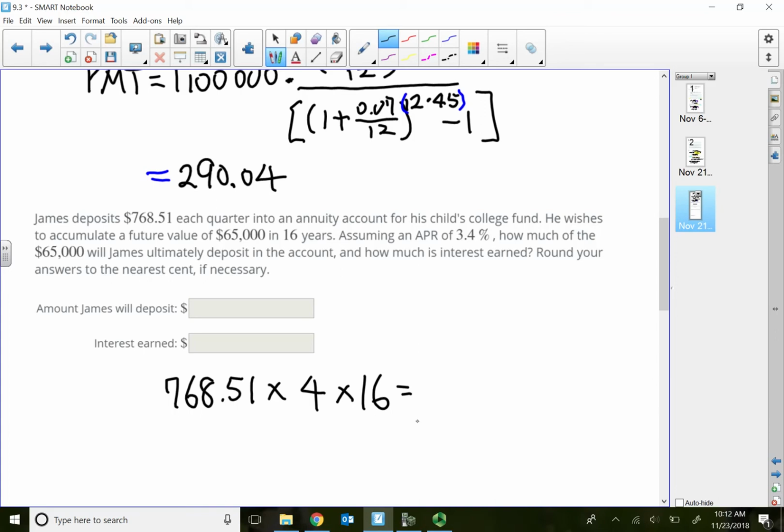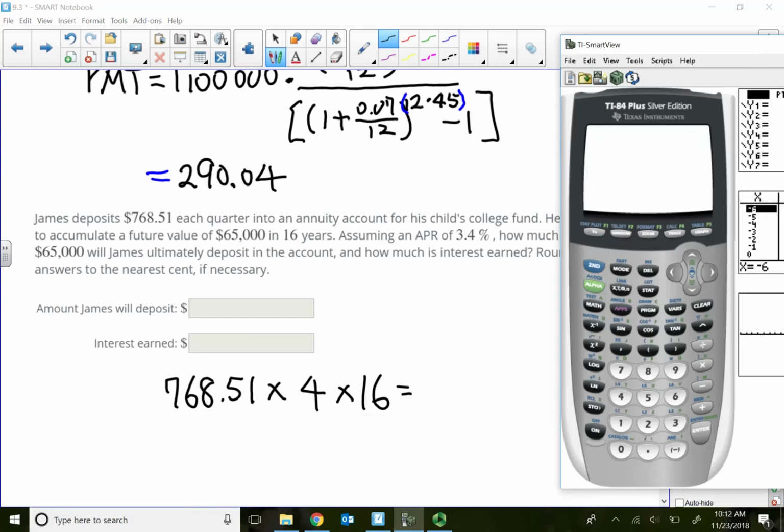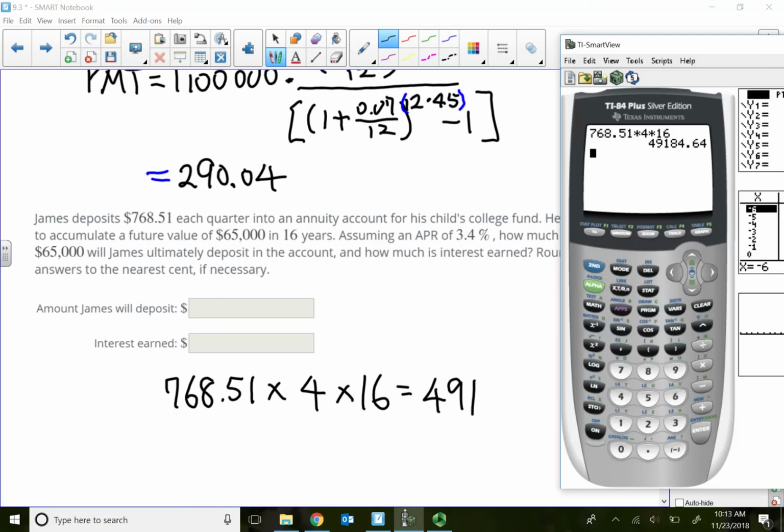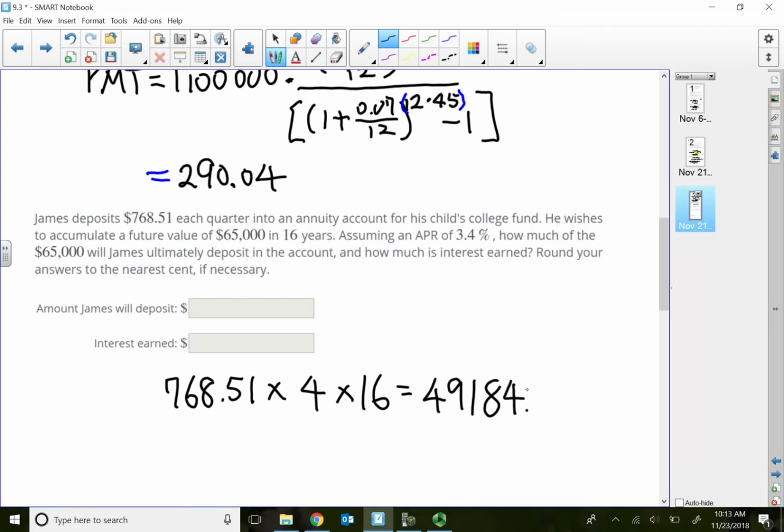All right, so if you put in the calculator, times 4 times 16, so he will only end up paying $49,000 or so. 4918, 4.64.